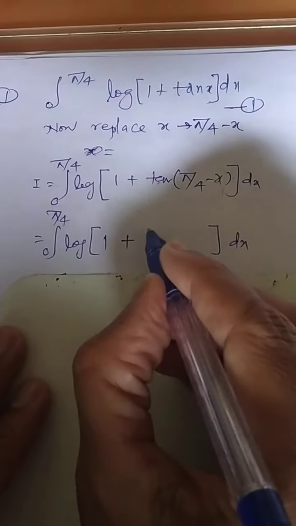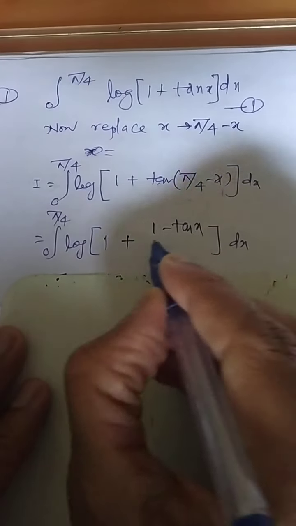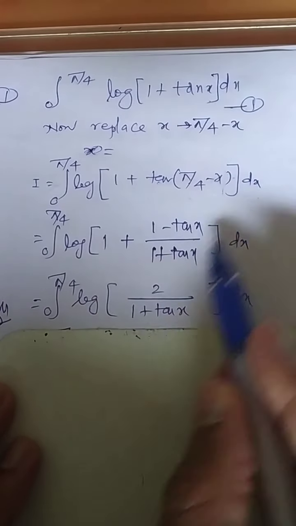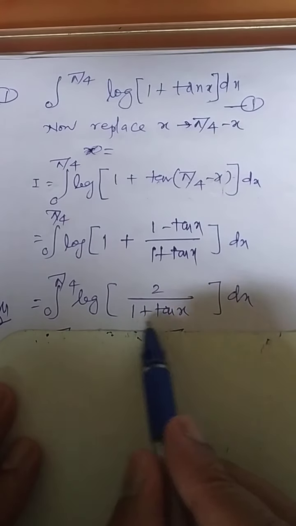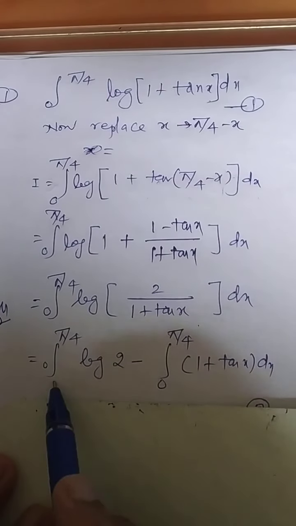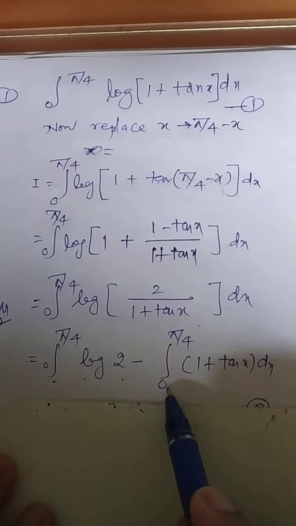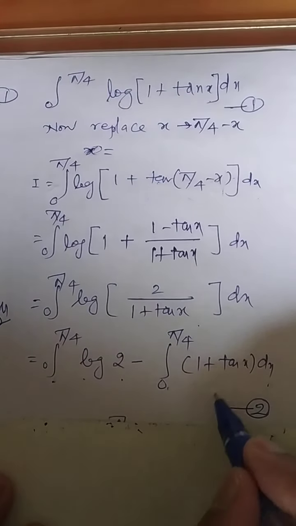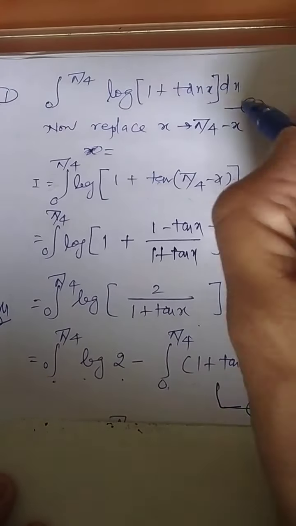Tan of a plus b, it will be 1 minus tan x upon 1 plus tan x. Take the LCM, you will get 2 upon 1 plus tan x. Now this can be written as 0 to pi by 4 log 2 minus 0 to pi by 4 log of 1 plus tan x. This is your second expression. First expression is over here. Both are nothing but I.